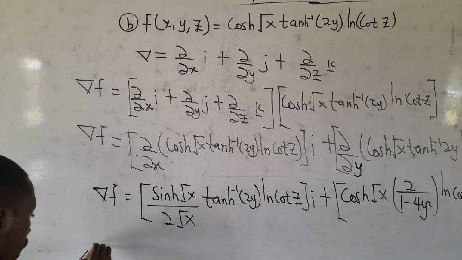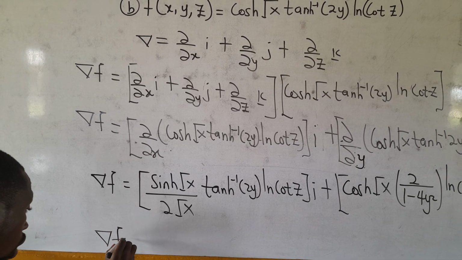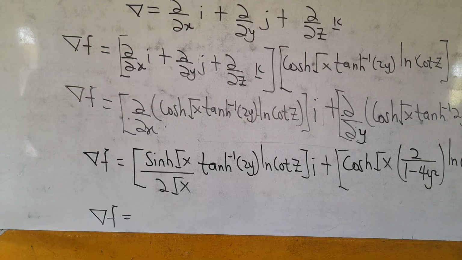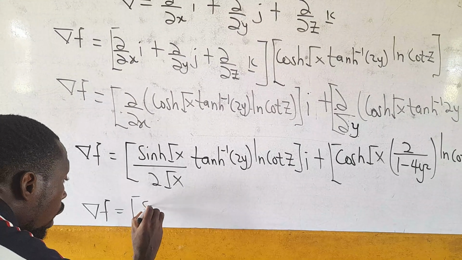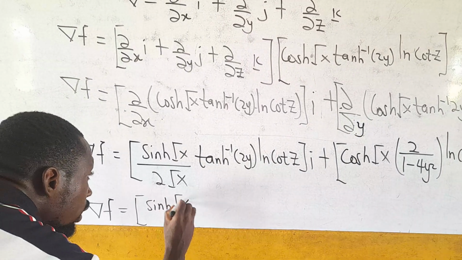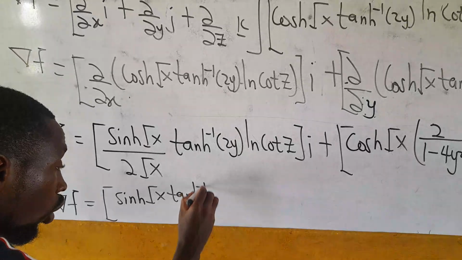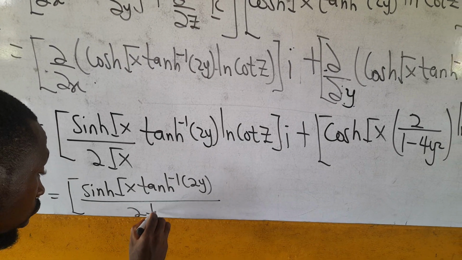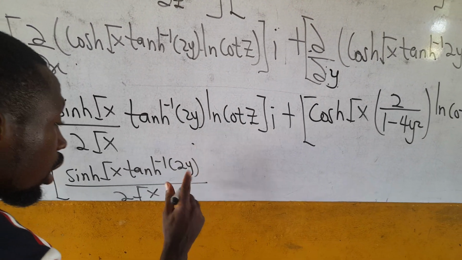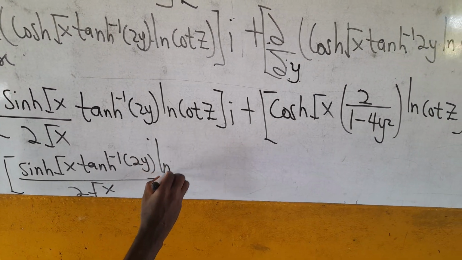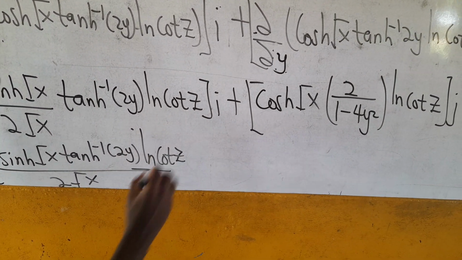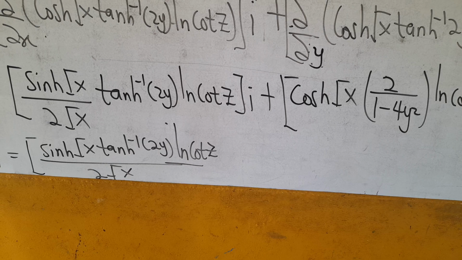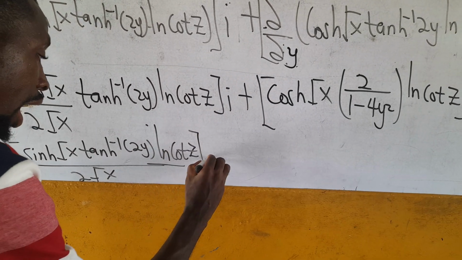So, polishing this further, the product between the differential operator and the scalar field, which is also known as the gradient of the scalar field, will be sinh root x tan inverse of 2y ln cot z all over 2 root x, and all that is in the i direction.